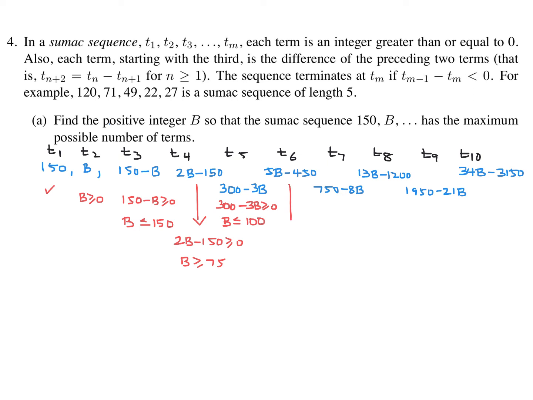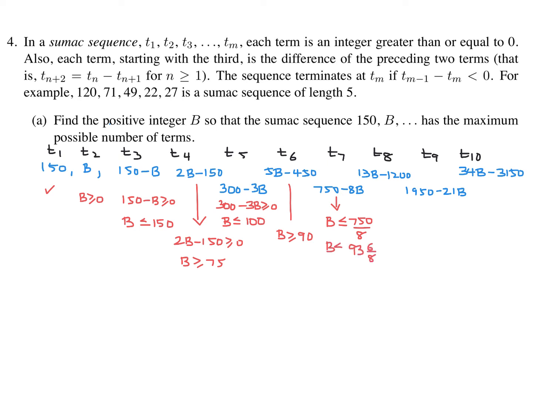For T6, B has to be greater than or equal to 90. For T7, B has to be less than or equal to 750 over 8, which is 93 and 6 over 8.